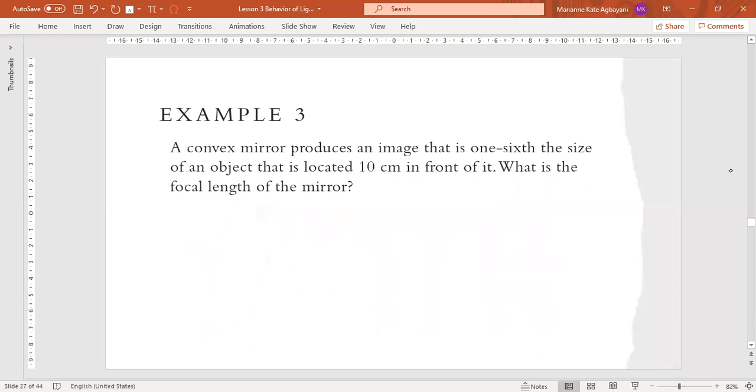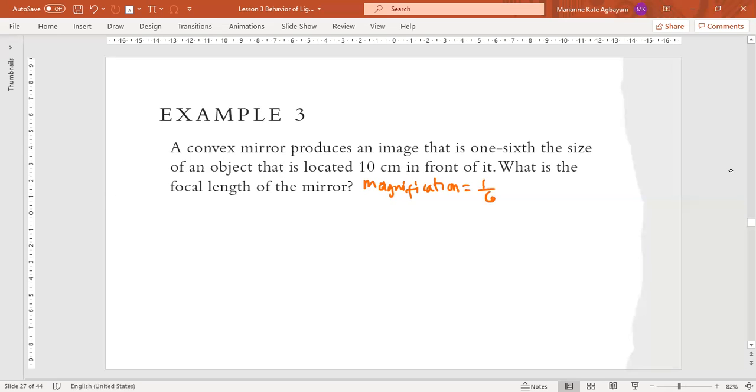We have here a convex mirror that produces an image that is 1/6 the size of an object that is located 10 centimeters in front of it. What is the focal length of the mirror? So, sabi dito, ang magnification niya is 1/6.